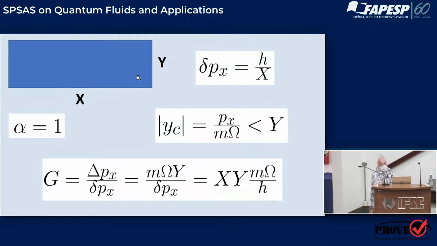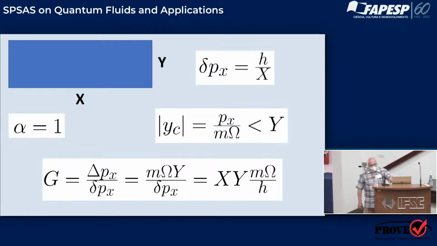And then immediately we can calculate how many states we have to take into account: all this extension divided by this spacing. And we obtain this formula: the degeneracy is the area, and then frequency, mass and Planck constant. This was the second great result of Landau.